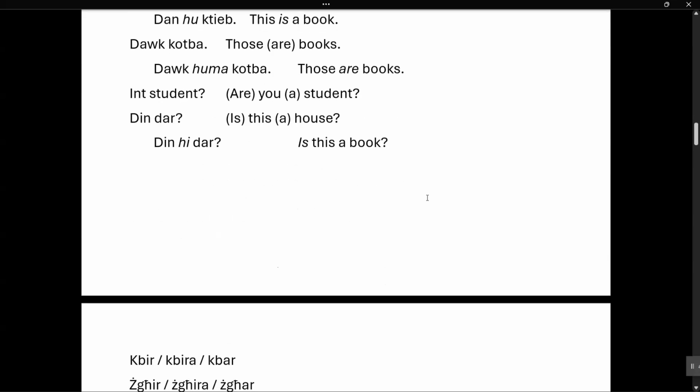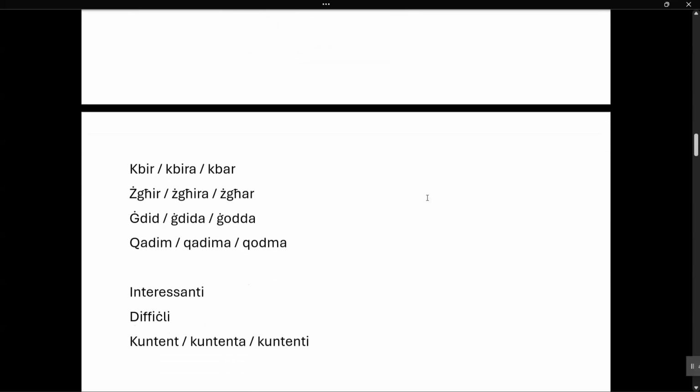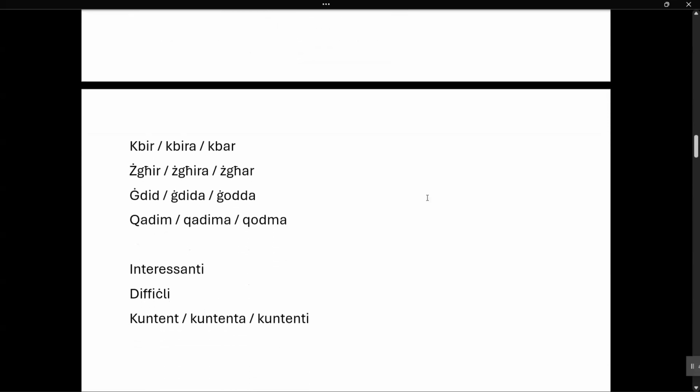Let's continue and talk a little bit about gender and number. So, gender. In Maltese, we only have two genders, the male and the female. There is no third neutral gender. We also have a plural. So obviously singular and then a plural. The plural does not have a gender.